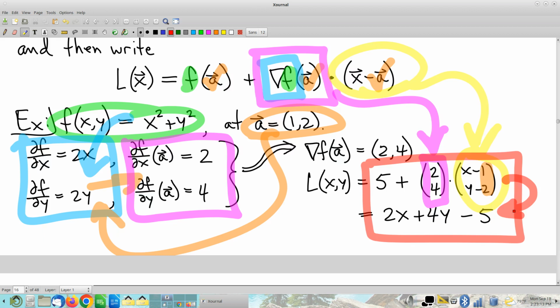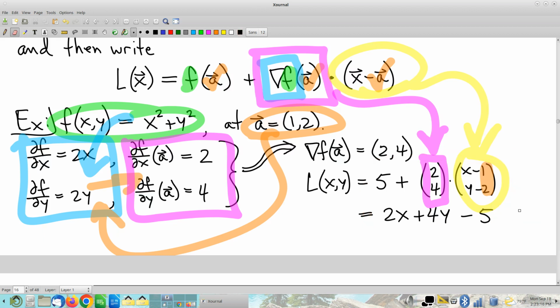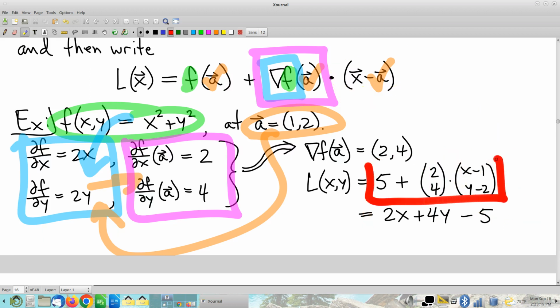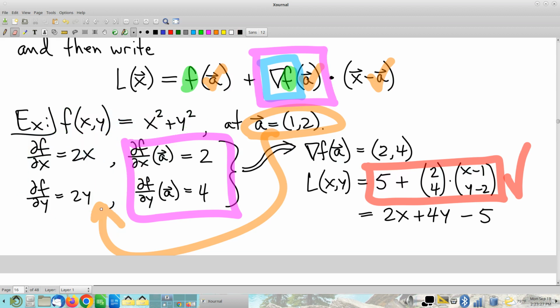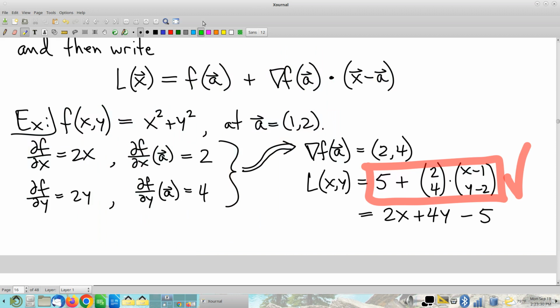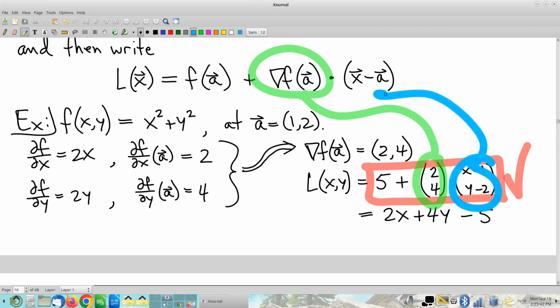So being as this is a math class, I think it makes sense just to leave your answer like this. It's actually nice to be able to see, in this form, what your evaluated gradient is, and you can see explicitly that you're dotting that with x minus a right there in how you write it. So I prefer to leave it like this, honestly. Unless you have a compelling reason to rewrite it, I wouldn't bother.